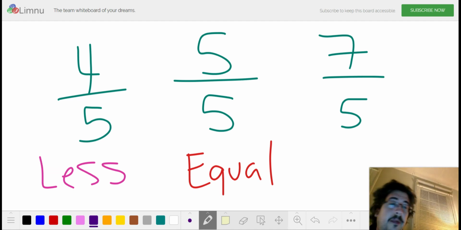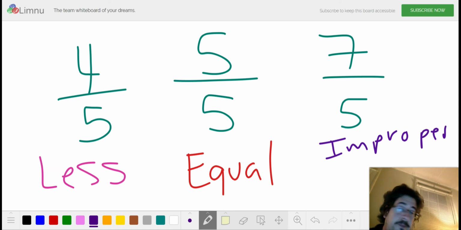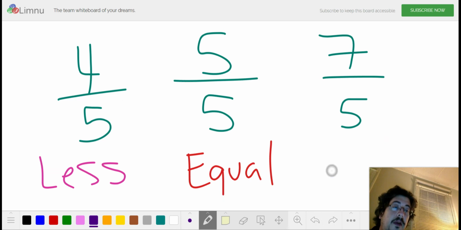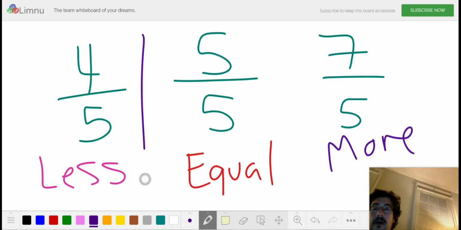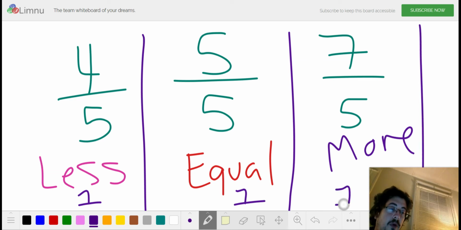And then if you have an improper fraction like we do here, where the numerator is larger than the denominator, then we know that it's going to be more than 1. So this would be less than 1, this would be equal to 1, and this would be more than 1. And that's going to determine whether or not your product is going to be equal to itself, more than itself, or less than itself.